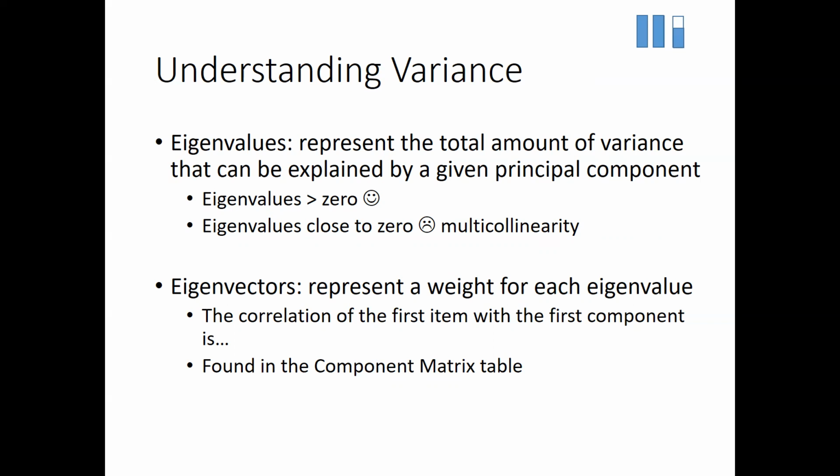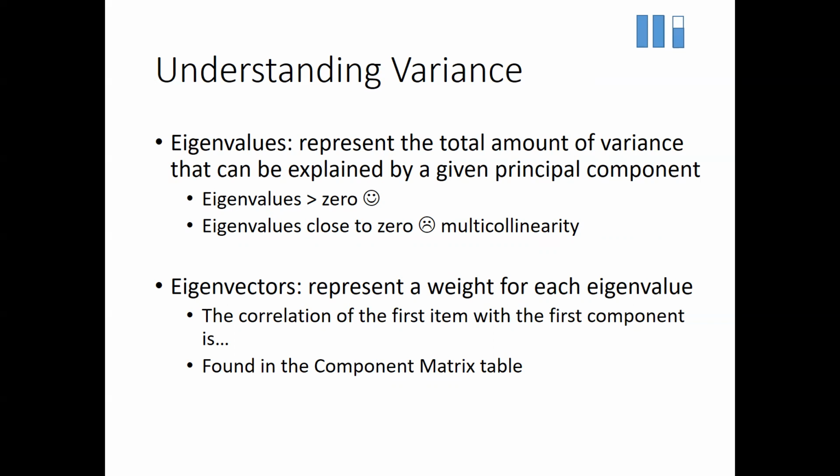Eigenvectors represent the weight for the eigenvalue. So essentially, what's the correlation of the first item with the first component? We're going to fill that blank in here in a little bit. But what you need to know here is that there's ways of calculating it, but all this is going to come out in SPSS.